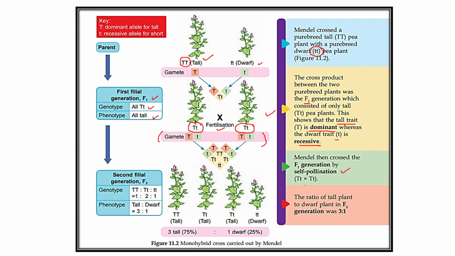So this is going to produce offspring in the F2 generation, second filial generation, with genotype of 1 both capital T, 2 a capital T and a small t, 1 both small t. And the phenotype is that tall to dwarf is 3 to 1, and by percentage it is 75 to 25, tall to dwarf.